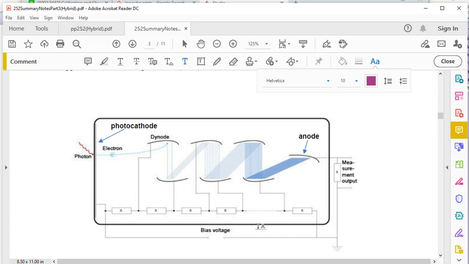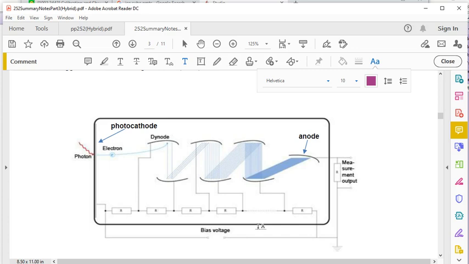It's typically 1,000, 1,200 volts. That resistor network is just a voltage divider network. It'll divide up that applied voltage difference into successive stages, smaller voltage differences to accelerate the electrons across the dynodes. So that's the basic operation, how it works.